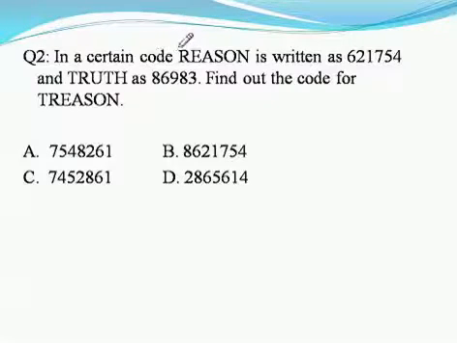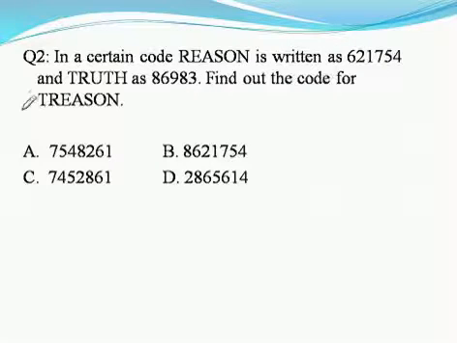In this case, every R is being replaced by 6. If we verify from the next word, TRUTH, here we have the second letter R, which has again been replaced by 6. That means every R will be replaced by 6. Similarly, every E will be replaced by 2, every A will be replaced by 1, and so on.